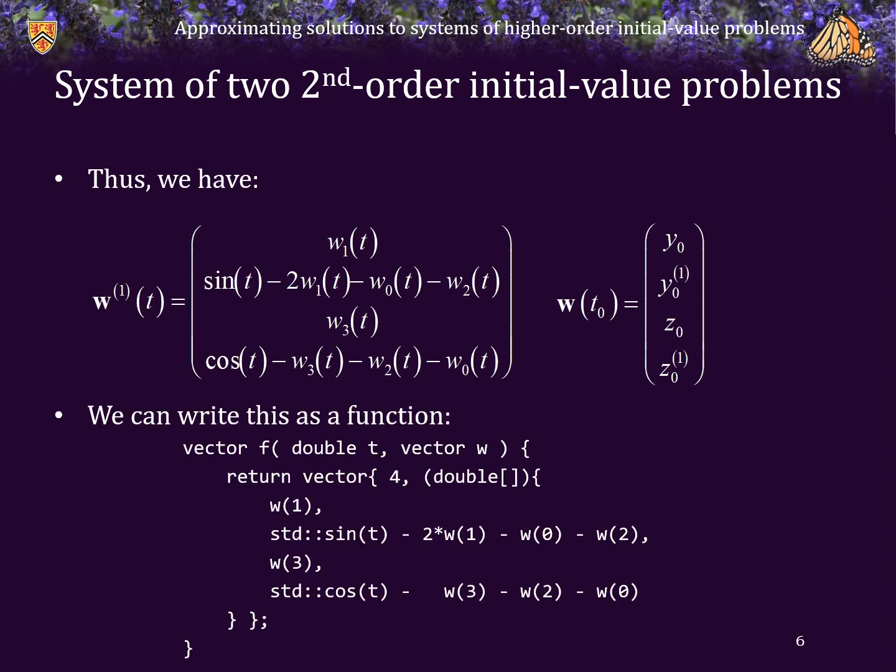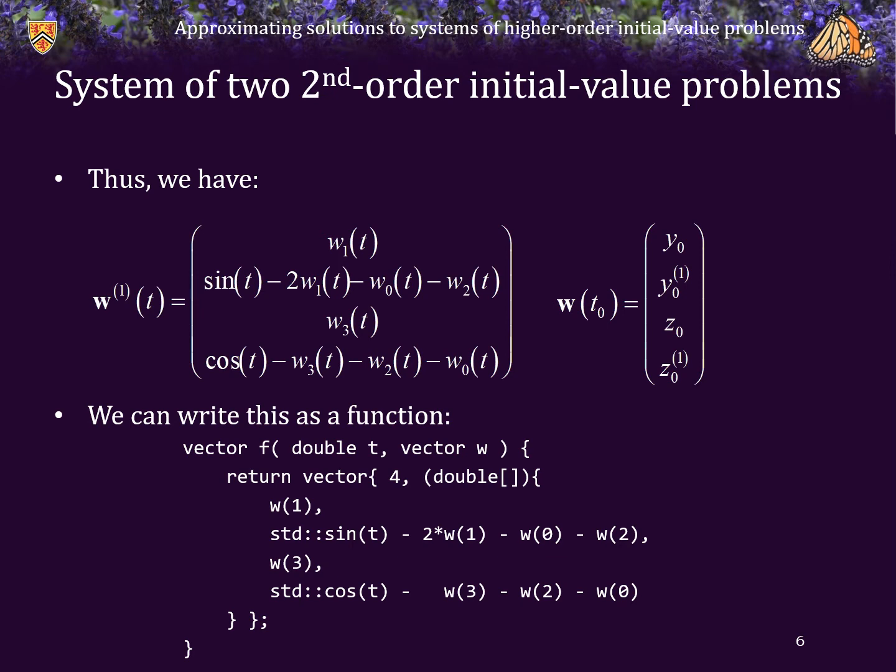We can write the right-hand function in our format. So we have a function that takes a double and a vector, four-dimensional, as arguments, and it returns a four-dimensional vector. As you can see up here, w1, then standard sine of t minus that linear combination of the w values, and so on and so forth.